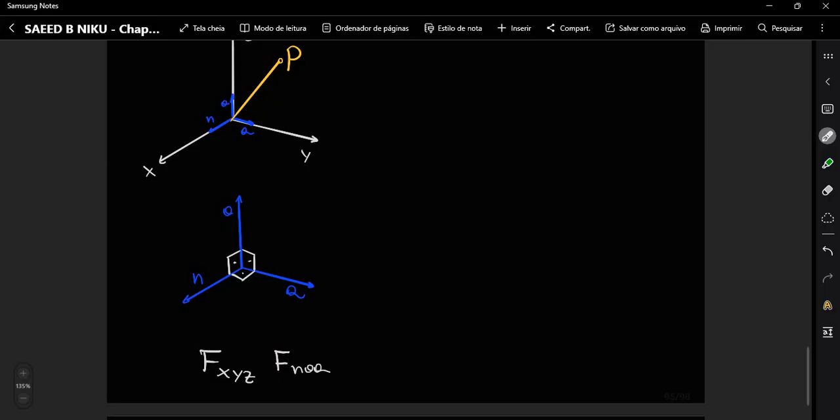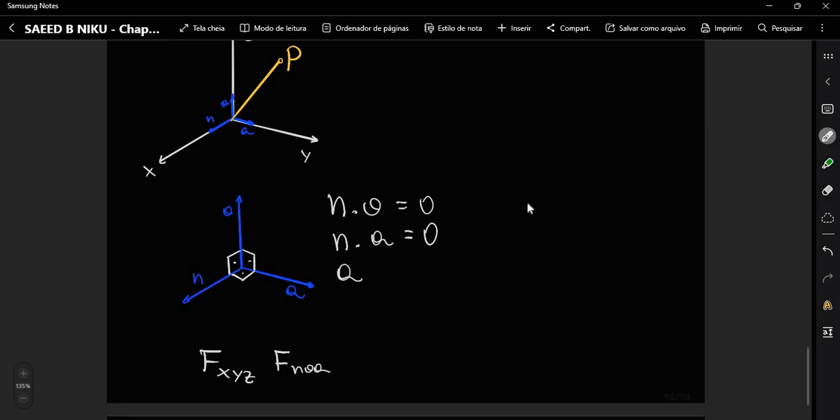So n scalar product with O is equal to 0, and n scalar product with A is equal to 0, because they are perpendicular.